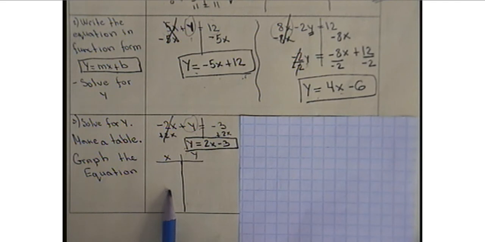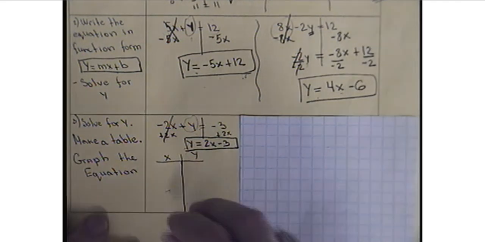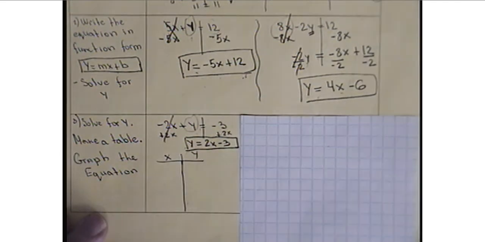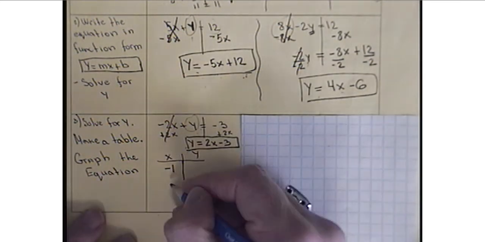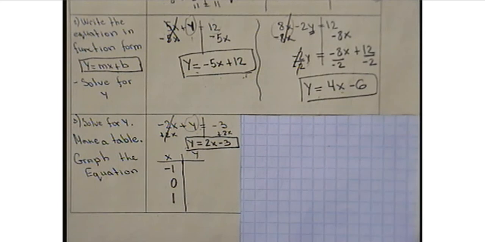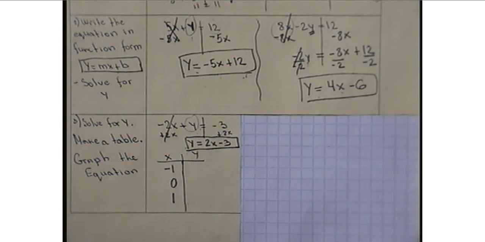So I'm gonna just use maybe 3 points. It's pretty quick and easy. So I'm gonna say negative 1, 0, and 1. It's very easy to use those three numbers and your graph will be pretty accurate because the three numbers are close to each other. So we have 1 negative, 1 positive, and 0.